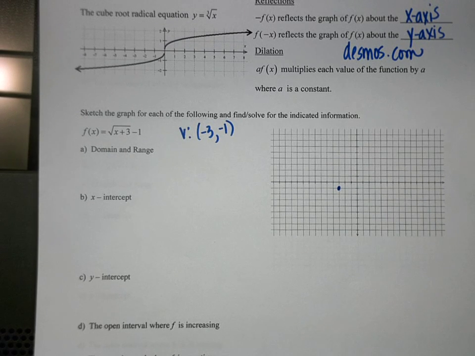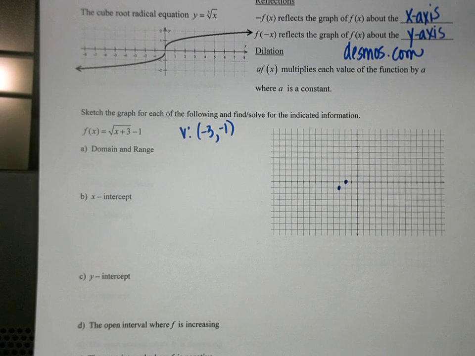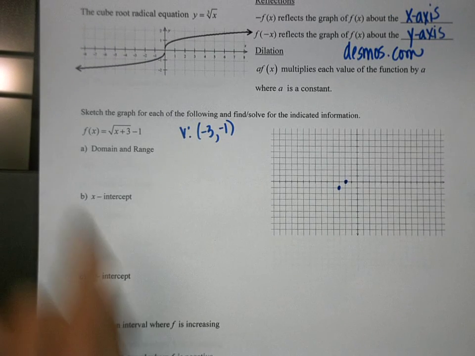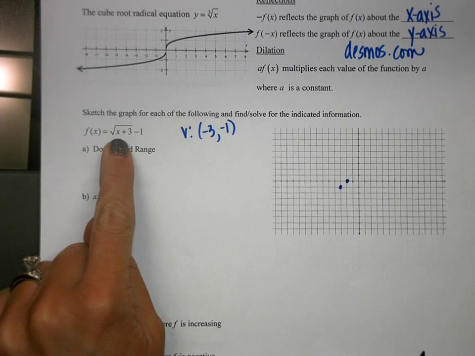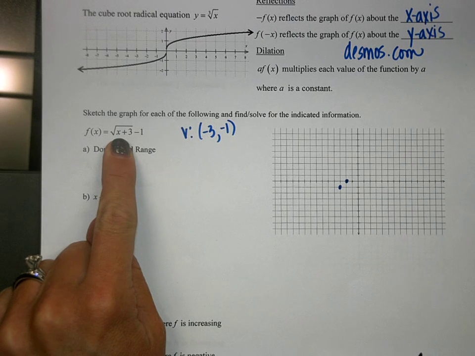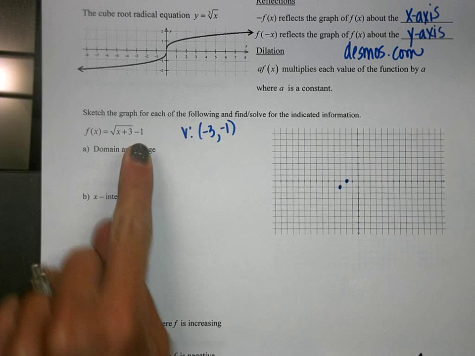So we can kind of do our slope again. So from this point, we'd be going up 1, right 1, but not up 1, down 1. And if you kind of check that, if I plugged in -2 for x, -2 plus 3 is 1. -2 plus 3 would be 1, right? And then the square root of 1 is 1, and 1 minus 1 is 0. Okay?